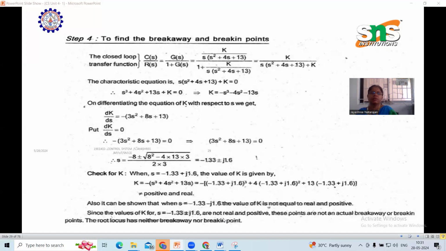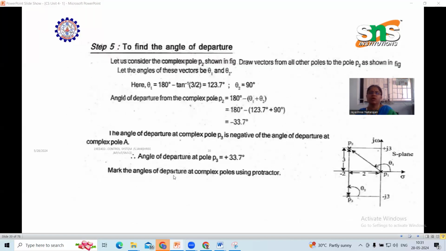So these points are not actual breakaway or break-in points. The root locus has neither breakaway nor break-in points.